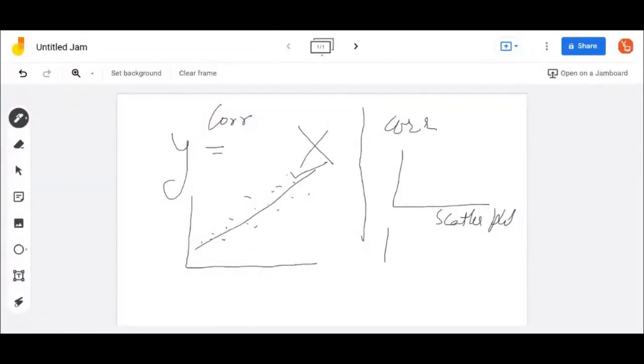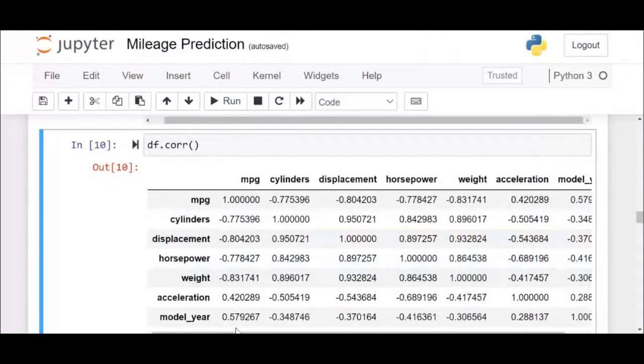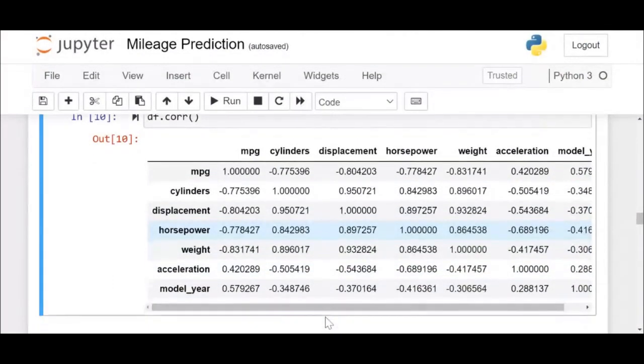If it goes like this, it seems to be a negative correlation. And if it is spreading all around, it may have a weak or zero correlation. So df.corr gives you the correlation value.